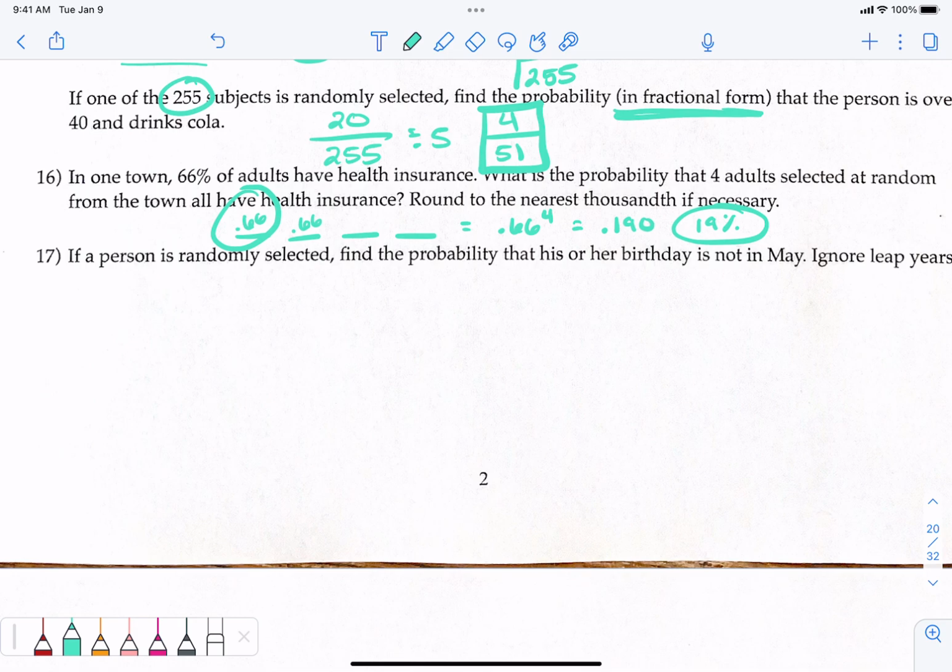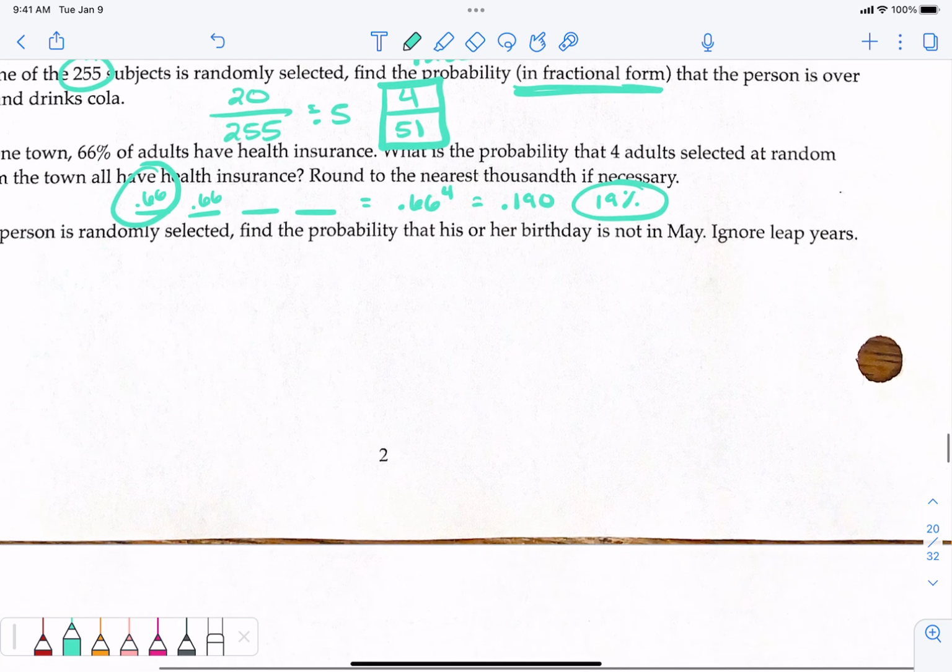If a person is randomly selected, find the probability that his or her birthday is not in May. 11 out of 12. Now hold on. We're going to talk about what Craig just said. 11 out of 12 would be true if all of the months had the same number of days. So it's not 11 out of 12.